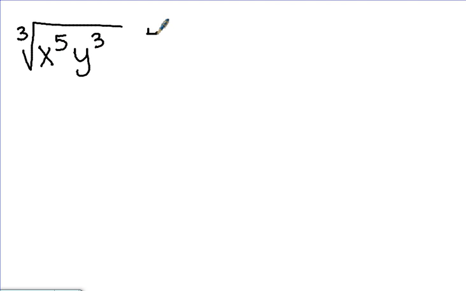Let's look at another example. We're going to do this one with variables, just so we can see. We are going to take the cubed root of x to the 5th, y to the 3rd, times the 4th root of x, y to the 5th.